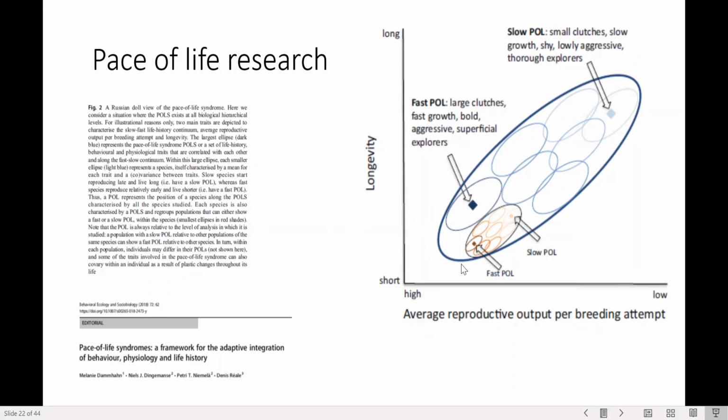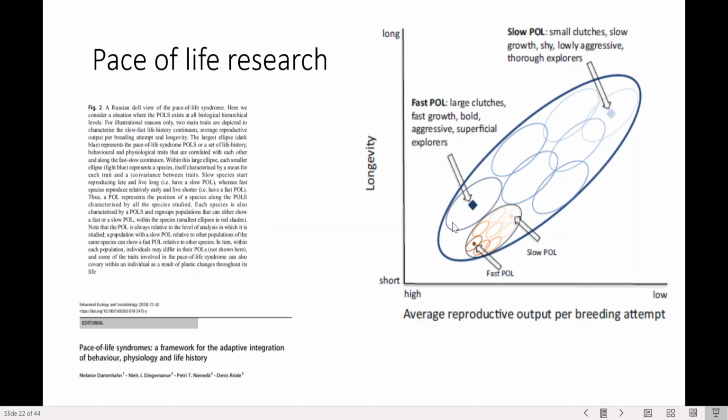And down here, in environments with short lifespans and with a relatively high number of offspring, you have a fast pace of life, so large clutches, lots of offspring, fast growth, relatively bold, relatively aggressive, and relatively superficial in exploring the environment.